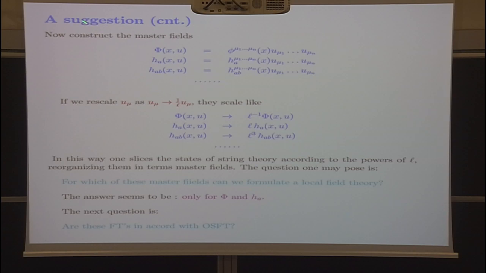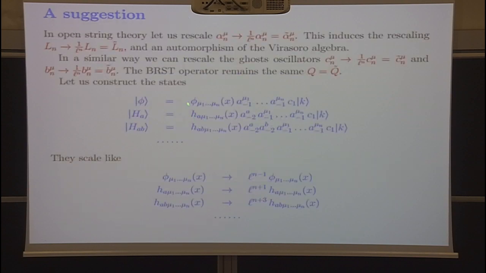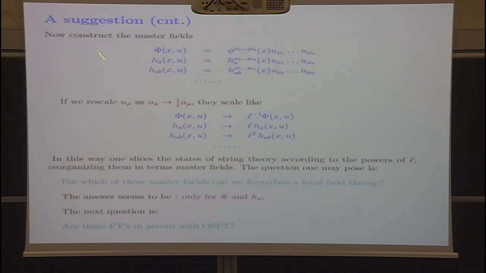Now, if you construct the master field in this way, with the previous local fields, phi, h, a, b, etc., and you rescale u with the same parameter, what you get scales in this form.